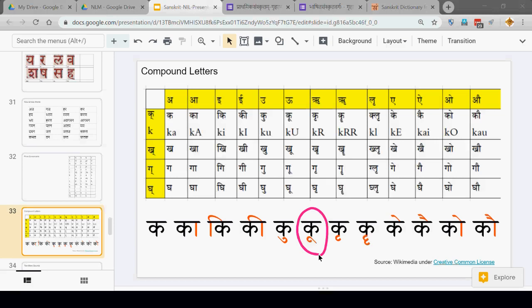To make that sound in writing for that syllable, we first write the base symbol, and then we add the oo, this symbol at the bottom here.